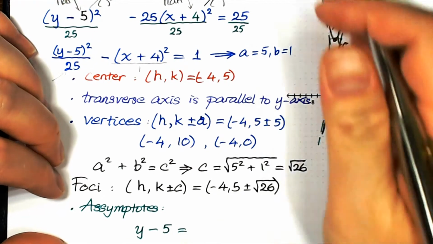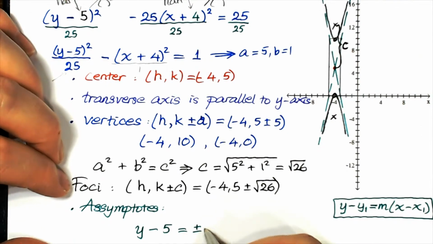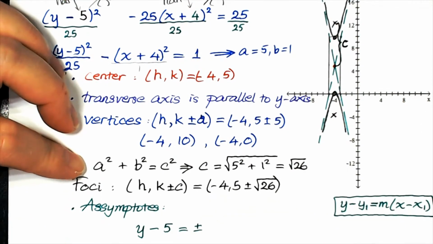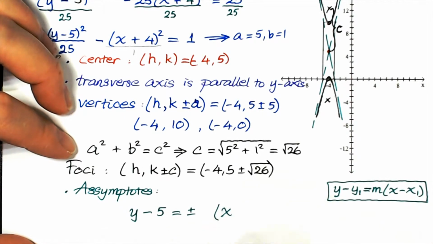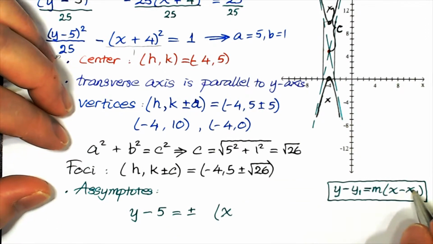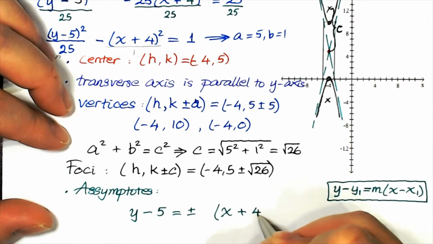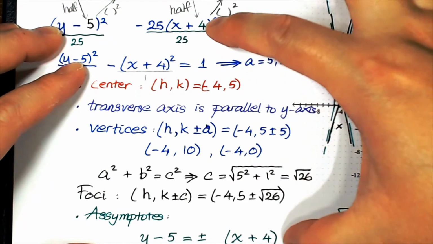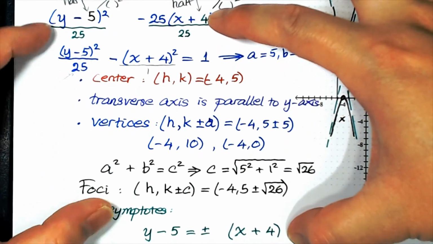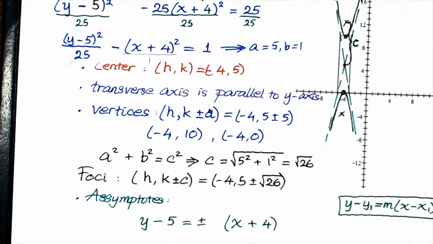And it has two asymptotes with positive and negative slope. I will worry about the slope later. For now, we're going to have x minus x1. x1 in this case is h, so it will be just x plus 4. So pretty much we have the x plus 4 and the x plus 4 here, and the y minus 5 and the y minus 5 here, pretty much just like in the equation.